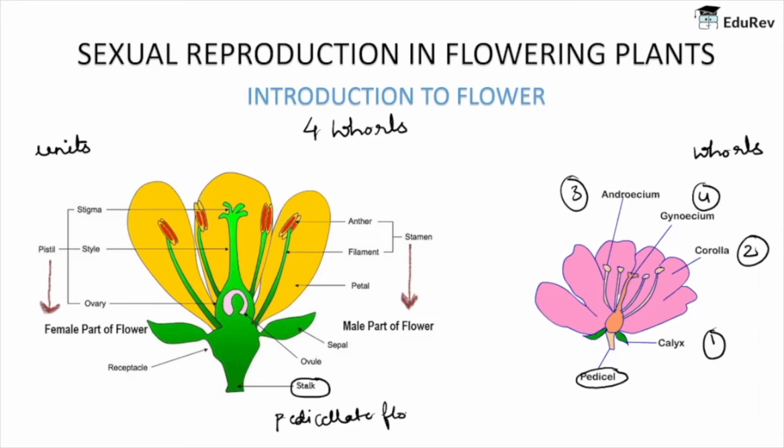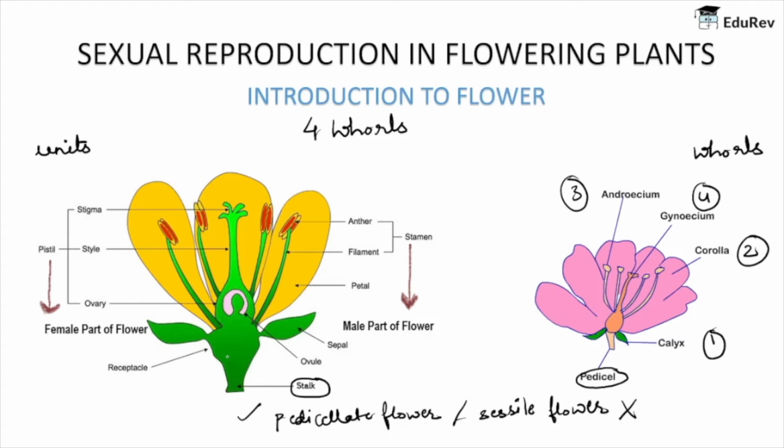In some cases you will not find this stalk or pedicel present. In that case the flower is called a sessile flower, which does not have a stalk or pedicel. So this is the case in which the stalk is present, and this is the case in which the stalk or pedicel is not present. Done? Now moving on, just above the stalk you will find a thick fleshy structure.